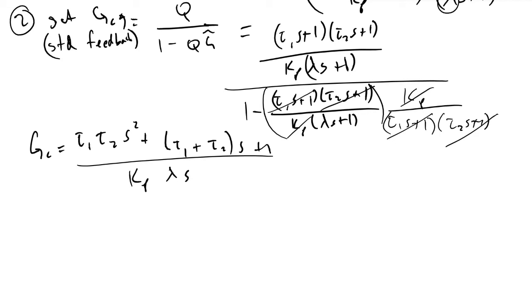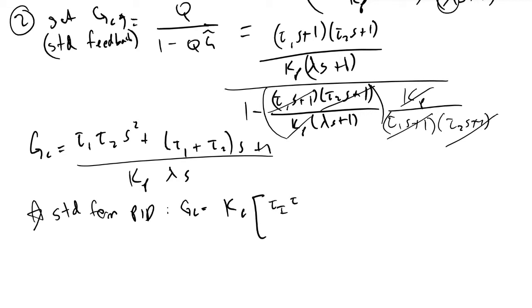The key thing to note here is to recall the standard form of a PID controller, in which GC was equivalent to some kind of controller gain Kc times the quantity tau I, the integral time constant, times tau d, the derivative constant, times s squared plus tau I s plus 1, quantity divided by tau I s.